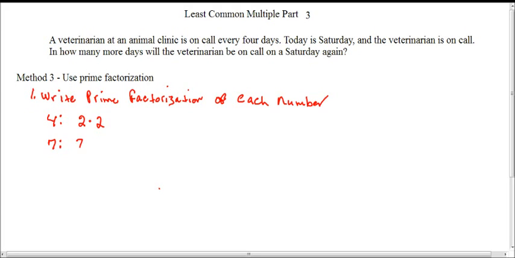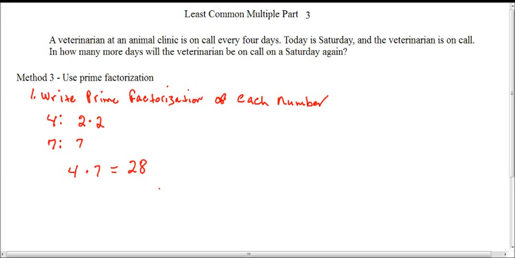Now, we're not going to look at the powers because again, we'll talk about that later. So now, looking at the prime factorization of these two numbers, we see 2 times 2, which is 4, times 7, and again we're back to 28.